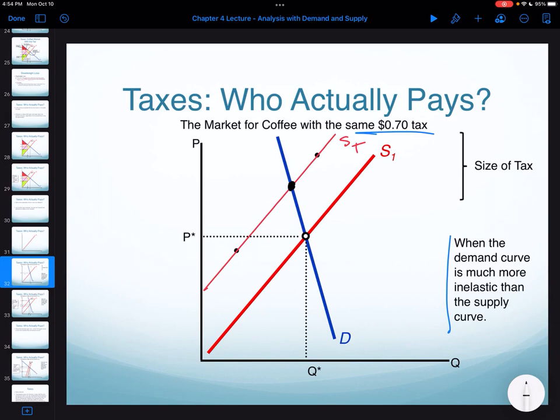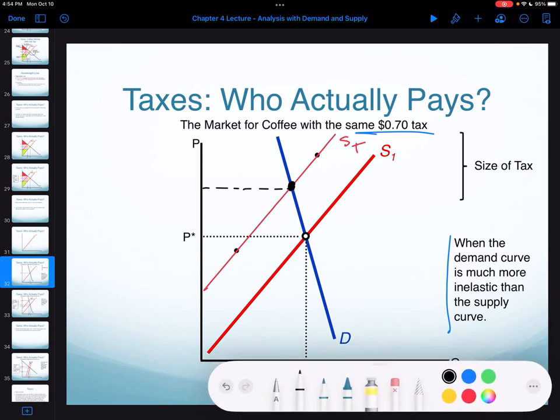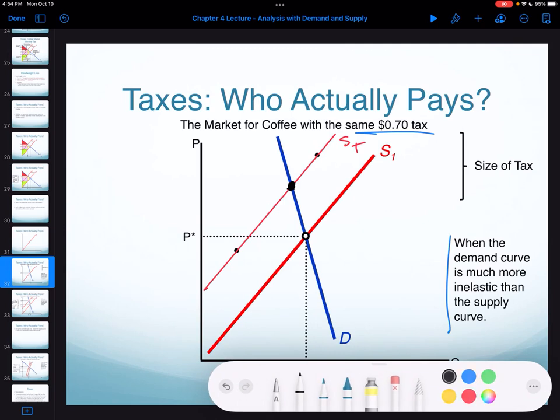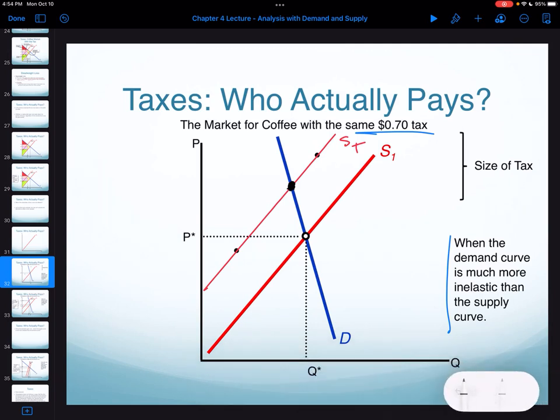I'm labeling that price and quantity. Well, that's actually not very precise. Let's redo that. There we go. Yeah, that's better.